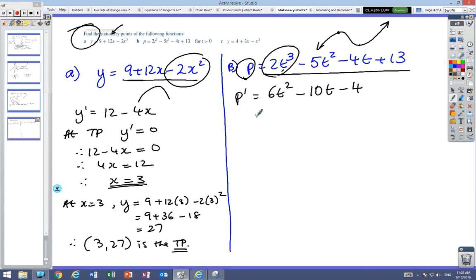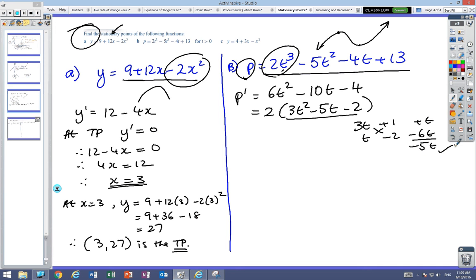Take out the factor 2. Now that's a quadratic, so we can still factorise it. So 3t, t, minus 2, plus 1 gives me minus 6t plus t, which is minus 5t, which is what I want.